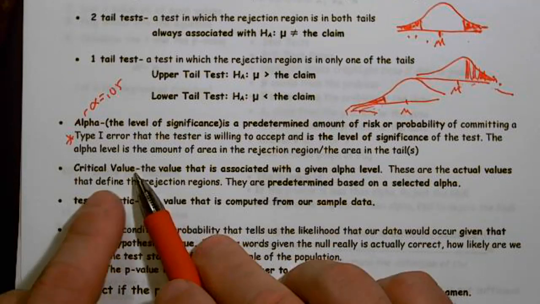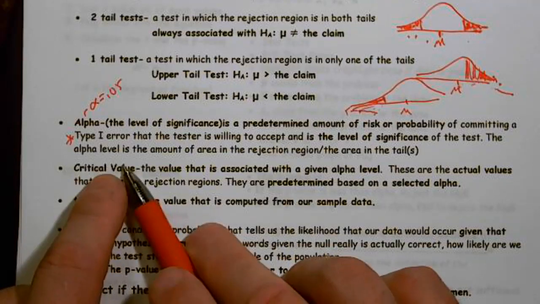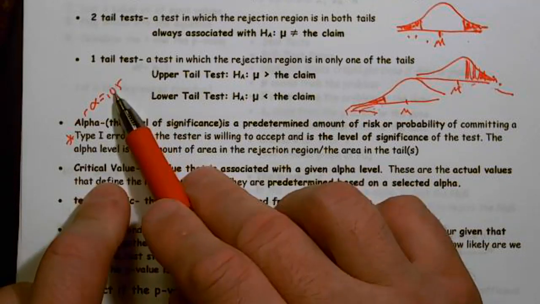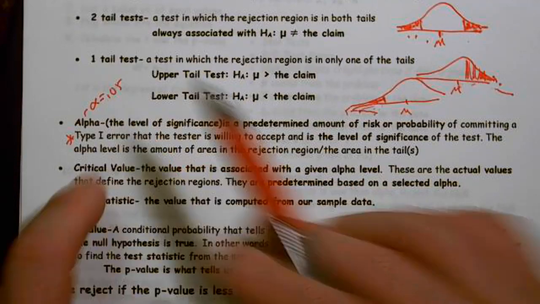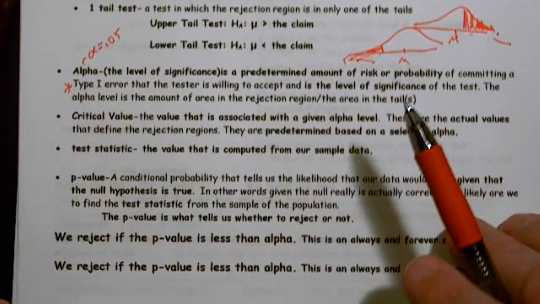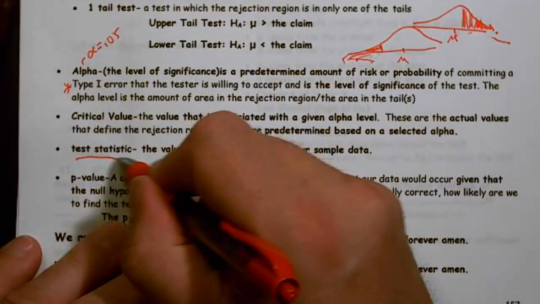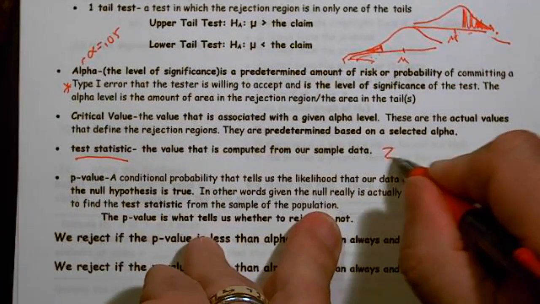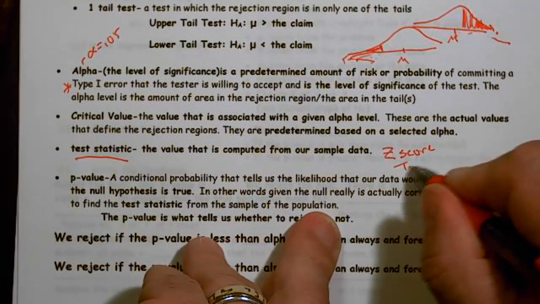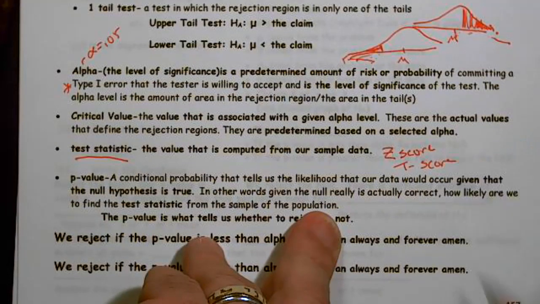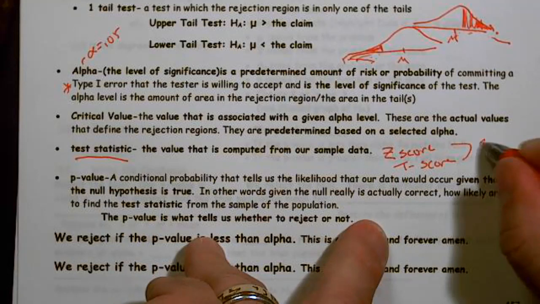The critical value is actually, we don't use these anymore. This is back in the old days. It's the actual value that would be associated with that probability. The test statistic is either going to be like a z-score or a t-score that we calculate from the sample data.